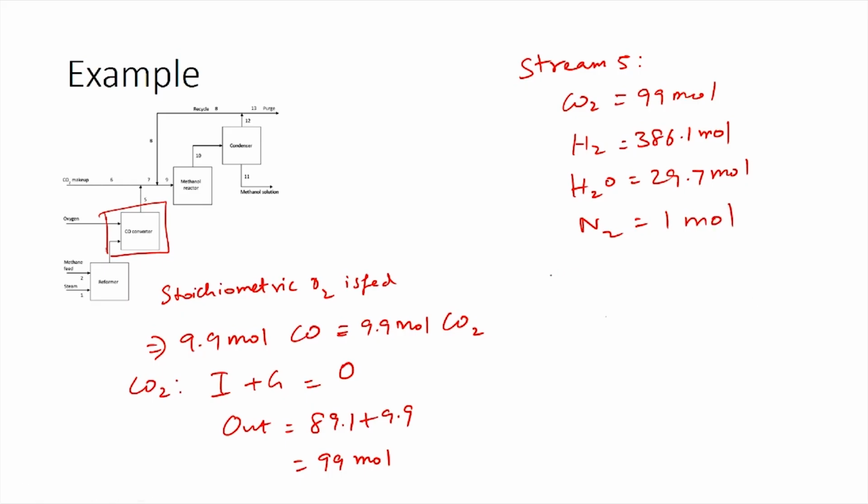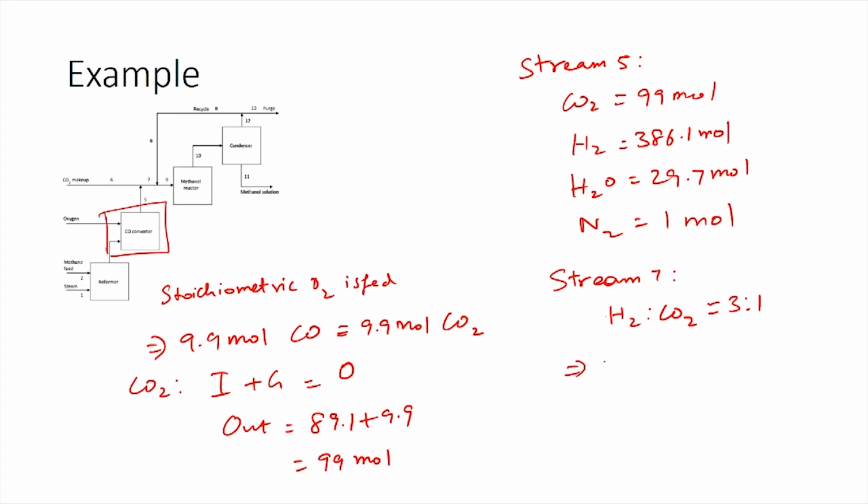The problem statement gives us that stream 7 contains a hydrogen to carbon dioxide ratio of 3:1. The stream which is being mixed with stream 5, that is stream 6, is only CO2 makeup, which means all the hydrogen present in stream 7 has to come from stream 5.